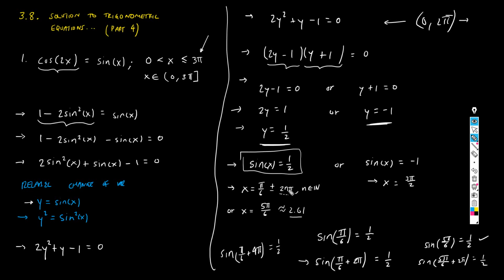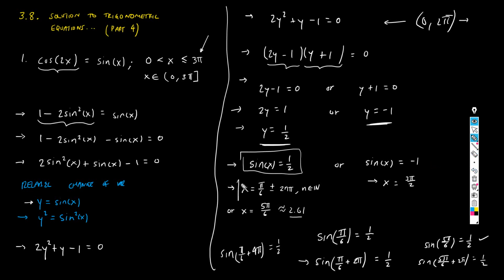So in here you get 2 pi, 4 pi, 6 pi, 8 pi, etc. And also you go backwards. You can have minus 2 pi, minus 4 pi, etc. And all of which are going to be solutions of this equation. That's how it works. I didn't want to erase that.